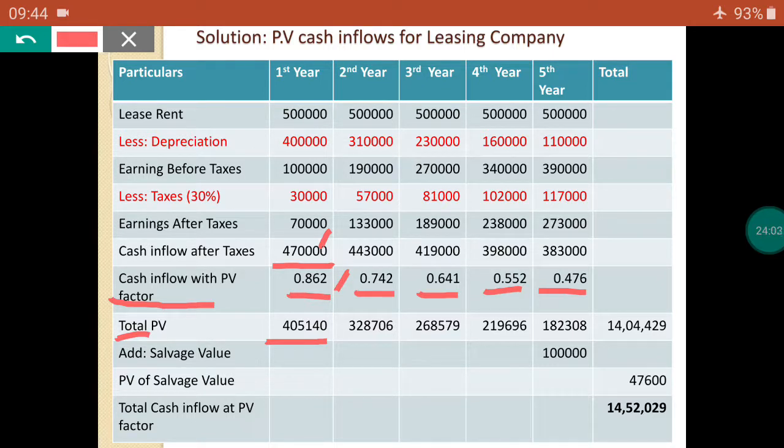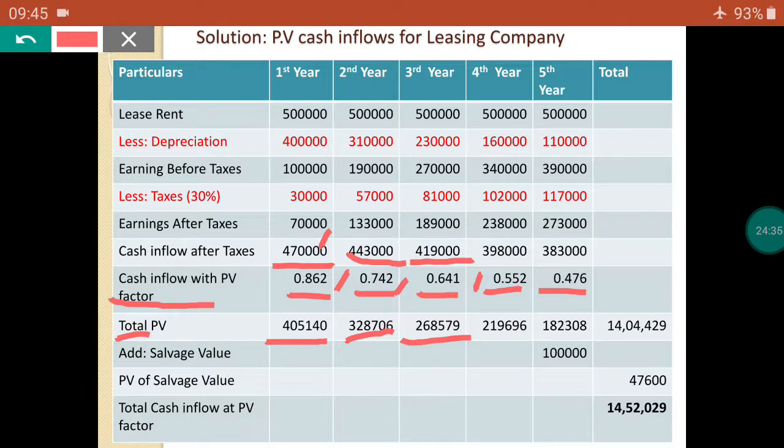You get 4,05,140. Same, second year cash inflow after taxes is 4,43,000 rupees into 0.742. You get 3,28,706. Next, third year cash inflow after taxes is 4,19,000 into 0.641. You get 2,68,579.